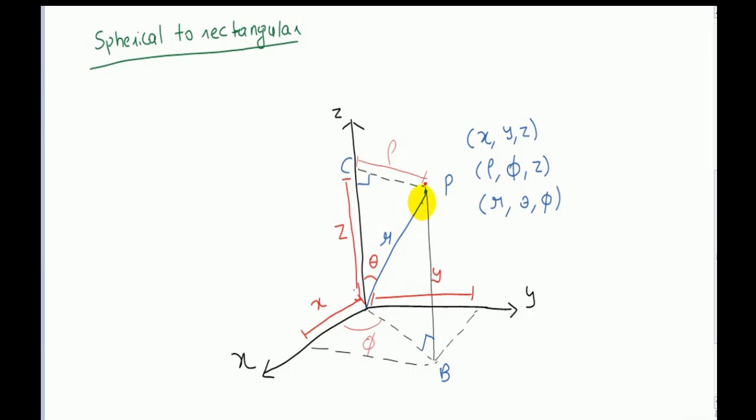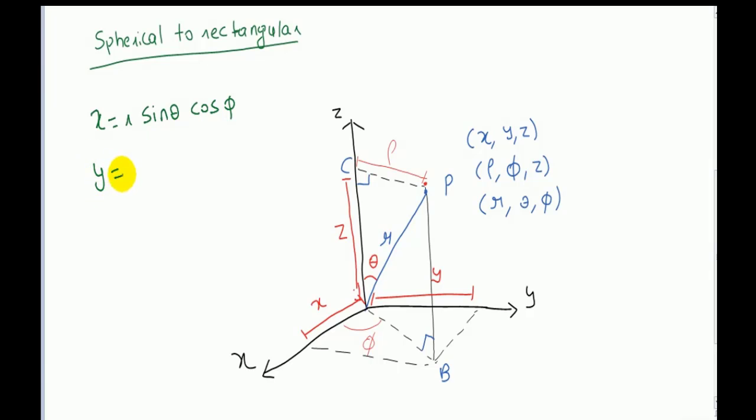You can see that if I project this r here, this distance from the origin to point B is r sine theta. Then if I project this on the x-axis, it will be r sine theta cos phi. So I can write x is equal to r sine theta cos phi.